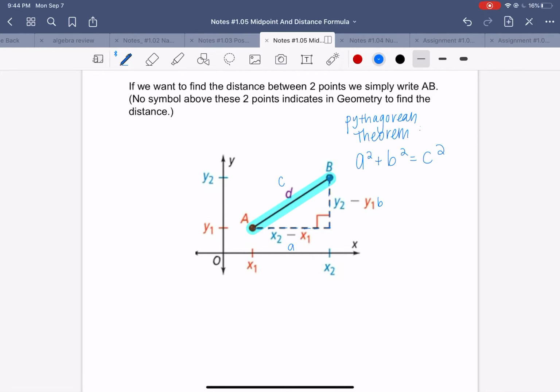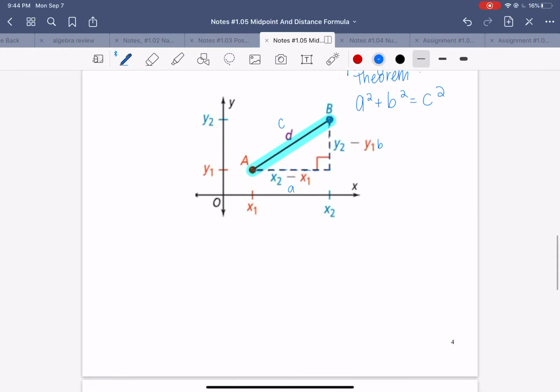Just the sides. So if we take what they have labeled here for a, for b, and try to use the Pythagorean theorem for that, you're going to get this. a squared plus b squared equals c squared.